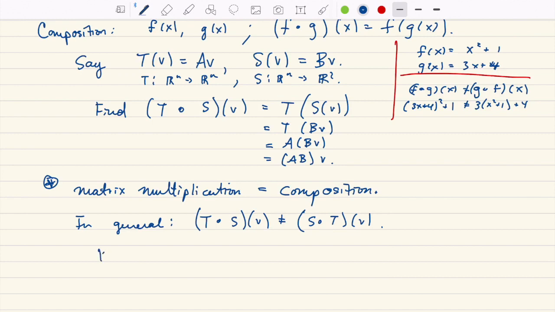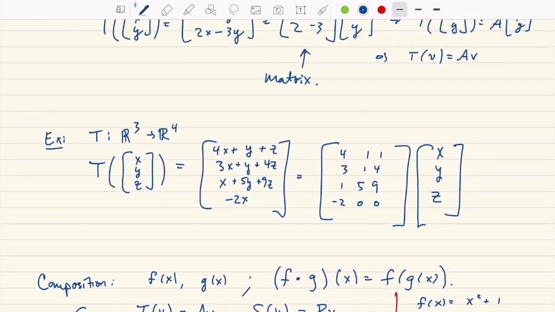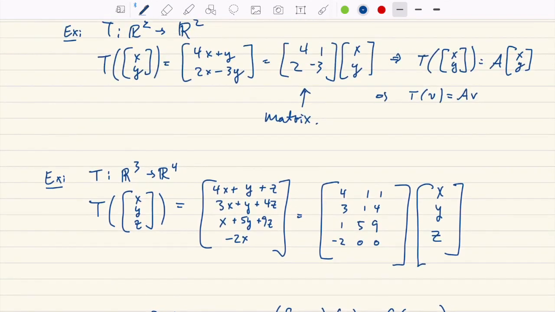And we know this already because we know that if I take the product A times B, that's not the same as B times A. And so that's really the point here, that matrix multiplication and composition are really equal. Other than that, we could think of every linear transformation as a matrix product.